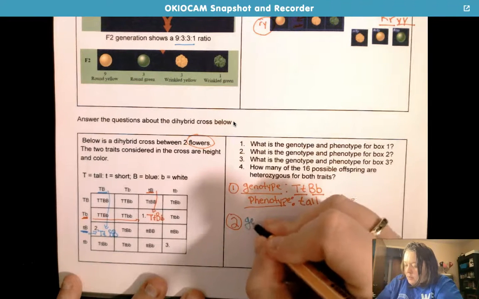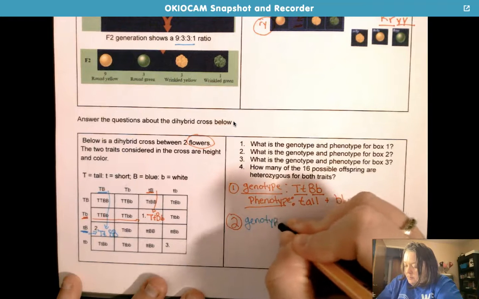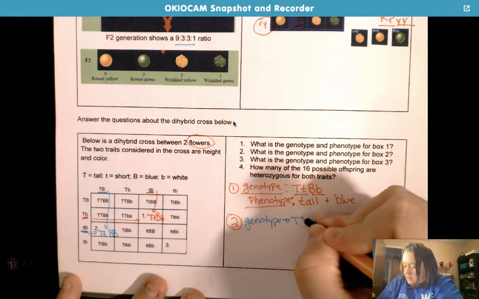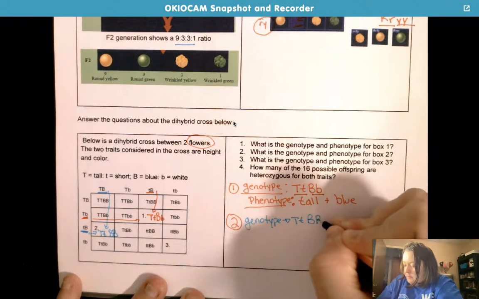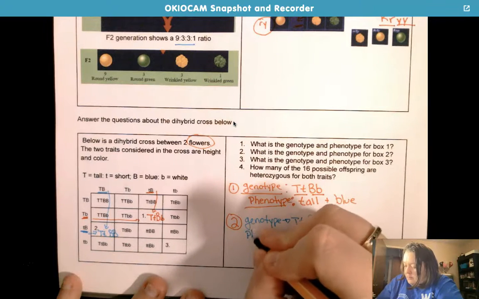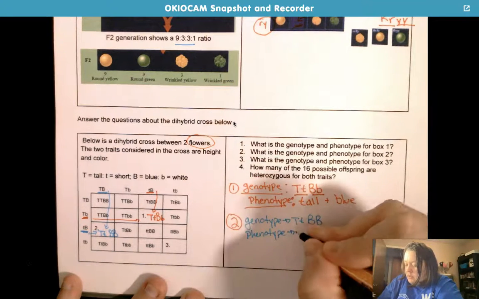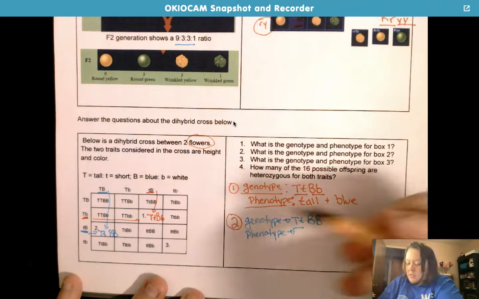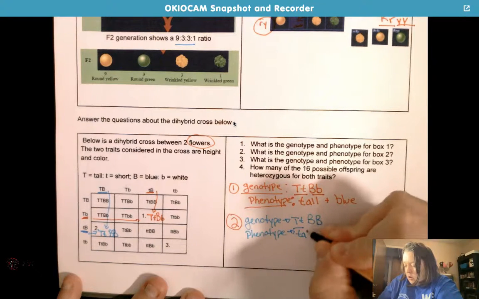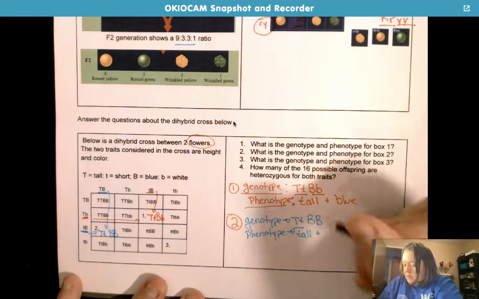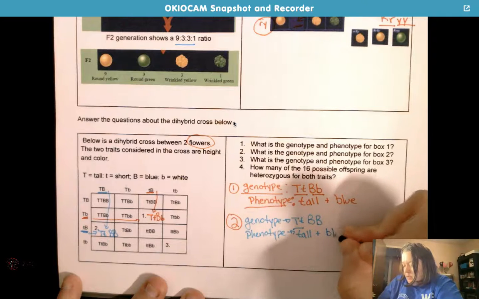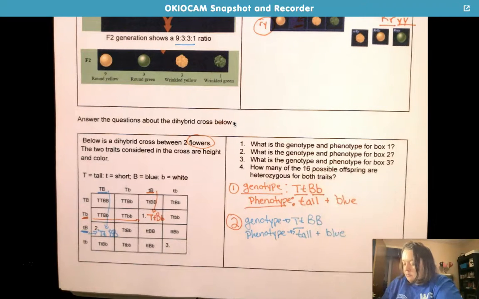So our genotype is going to be big T, small t, big B, big B. Then our phenotype is what it's going to look like. Big T equals tall, so this one is going to be tall. Big B equals blue, so this is going to be a tall blue plant.